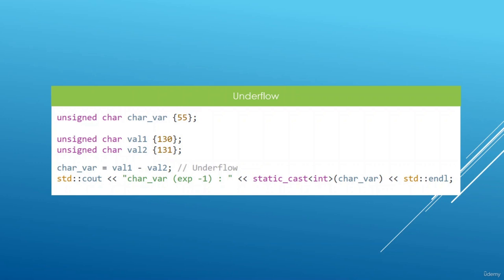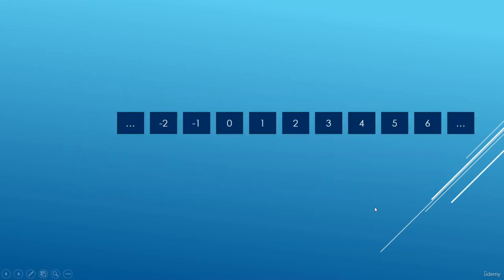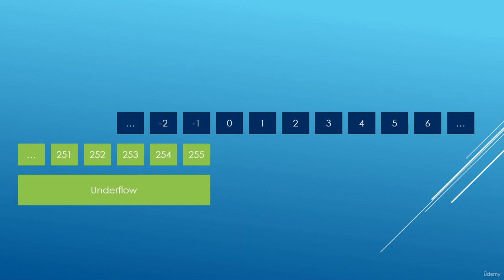If we take val1 minus val2, we're going to get a -1, but we can't really represent a -1 in an unsigned character, because an unsigned character variable is only going to store data between 0 and 255. So what we're going to have is a situation like this. If we hit 0, which is all zeros in binary, and we try to go to the left and store something less than can really fit in here, we are going to underflow. And the circuitry is going to try and use 255, which is really not what we want.